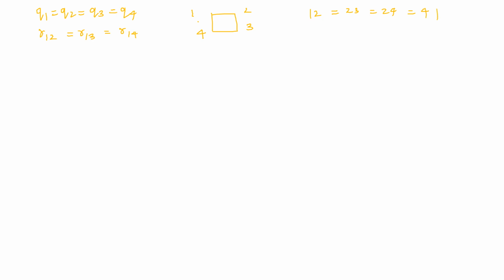And then 1 to 3 equals 2 to 4, the diagonal distance, which will come as R under root 2.